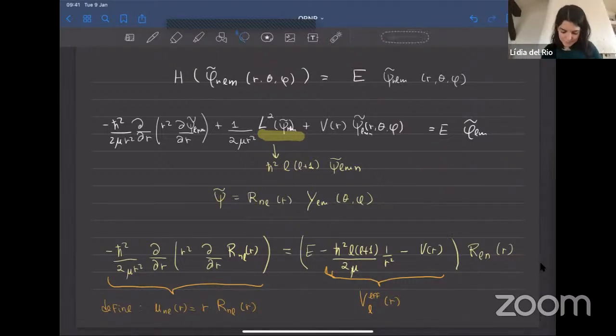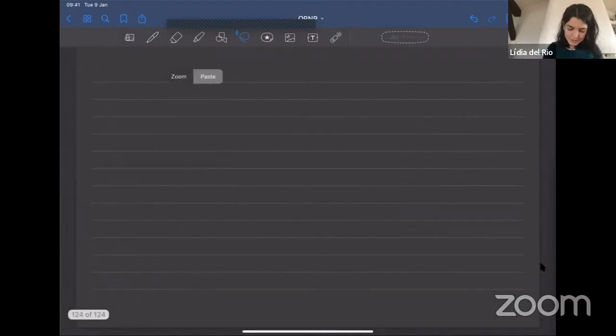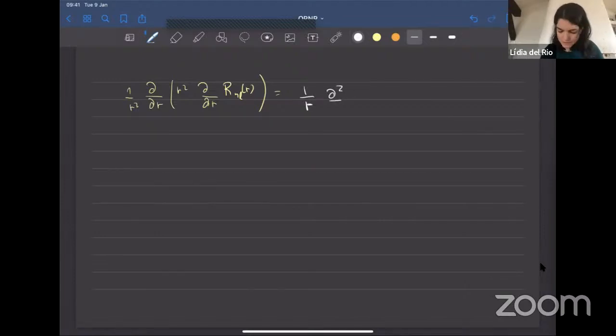Because if we have now all of this part that was on the left, well, up to this, this turns out to be just 1 over r d squared dr squared.